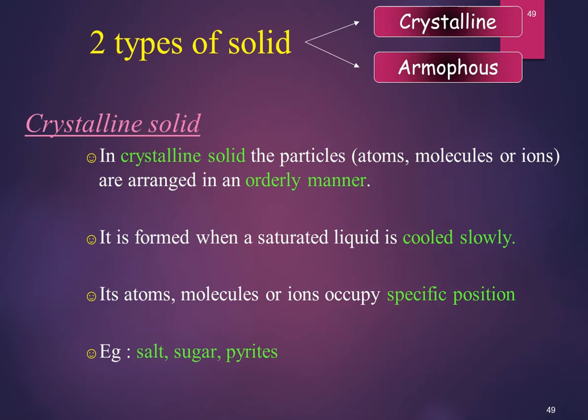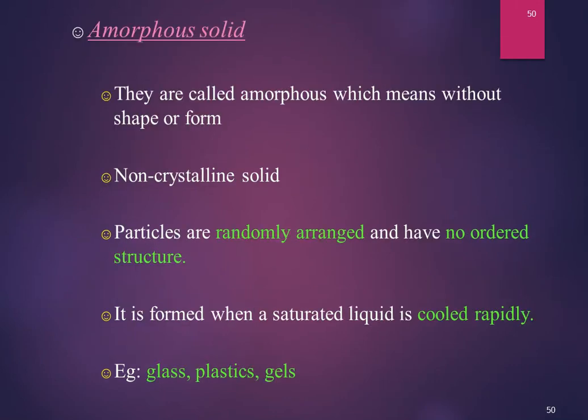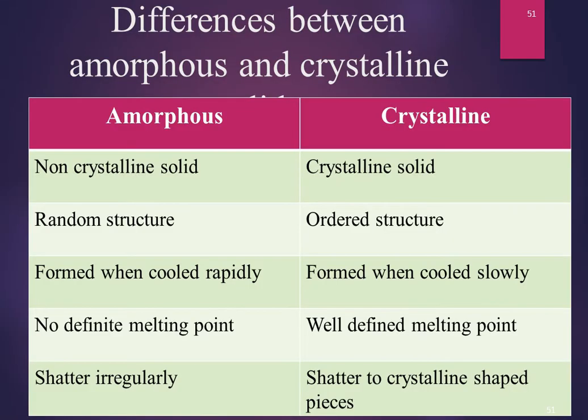Example, salt, sugar, pyrite. Amorphous means without shape or form. Non-crystalline solid, particles are randomly arranged and have no ordered structure. It is formed when a saturated liquid is cooled rapidly. Example, glass, plastic, gels.